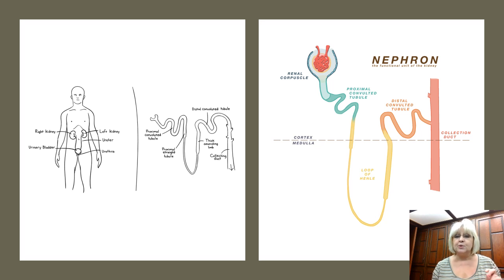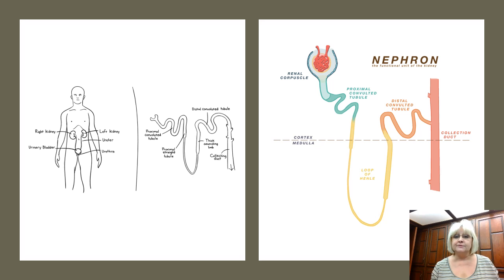This is the body's way of getting rid of waste products and excess fluid. The kidneys eliminate around 1.5 liters of urine a day, and they filter a huge amount of blood. It's about 25% of the cardiac output, so about 1,300 milliliters through the glomerulus each minute. That is amazing if you think about it.